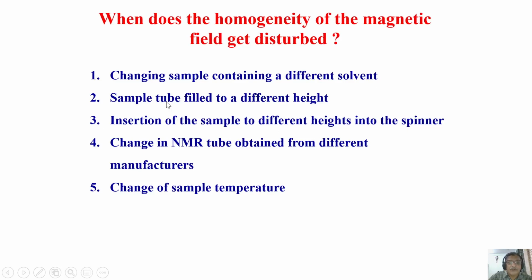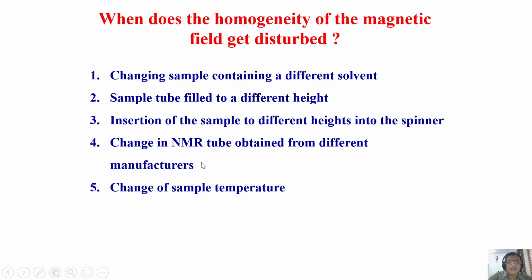If you have samples with different heights, and you don't take the perfect height of the sample in the tube, you may get into problems. You also have to have the perfect height of the sample inside the spinner, which should completely fit into the RF coil in the probe. Otherwise, you may get distortions.